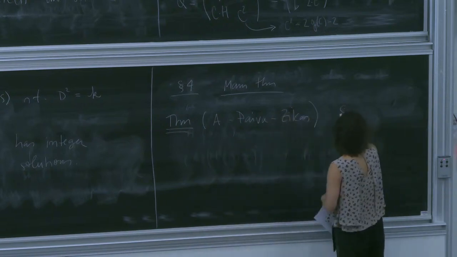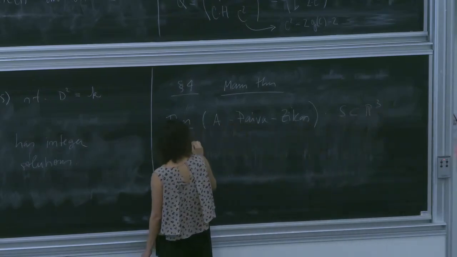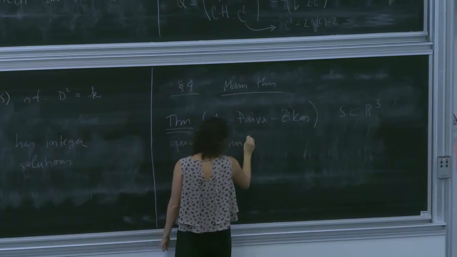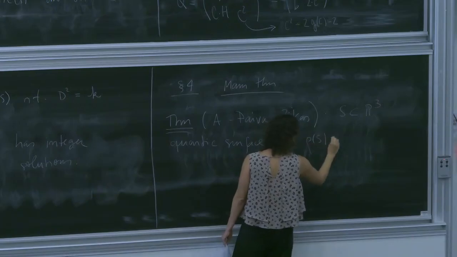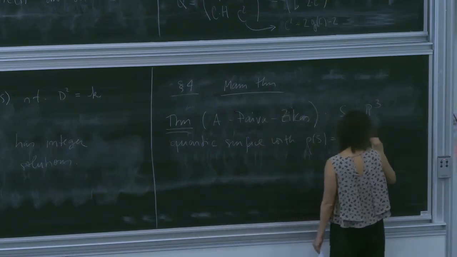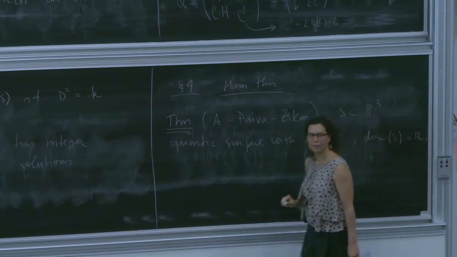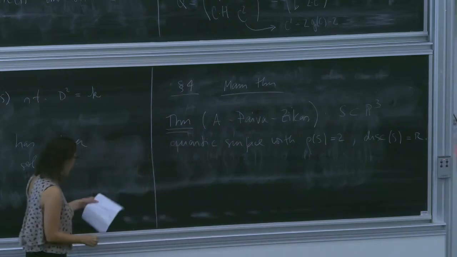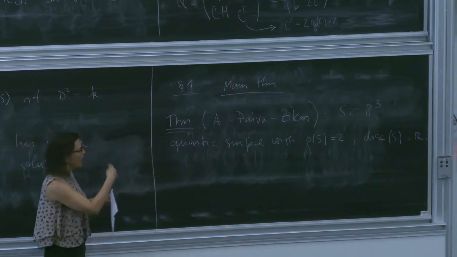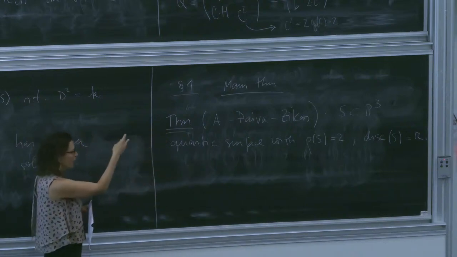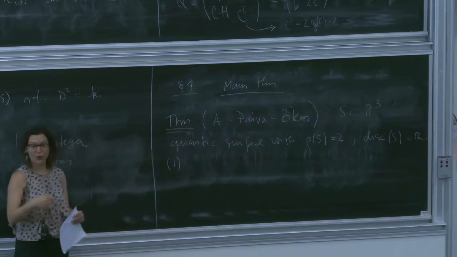Now suppose that S is a quartic surface with Picard rank 2 and discriminant R. First we want to understand whether the automorphisms of S come from Cremona transformations of P3. The first part of the theorem gives you a negative answer.